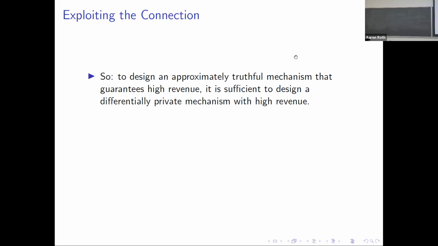But then maybe I'll just add a little bit of noise to that price, and maybe that'll be differentially private. And maybe also it'll still have high revenue. There's a couple of problems with that proposal: it won't be differentially private and it won't have high revenue.